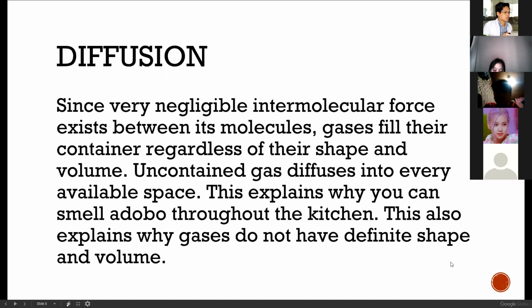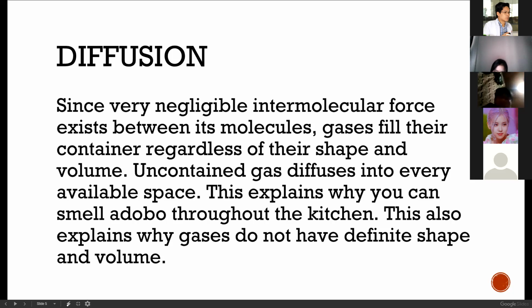Diffusion in gases. Since very negligible intermolecular force exists between its molecules, gases fill their container regardless of its shape and volume, and a contained gas diffuses into every available space. This explains why you can smell adobo throughout the kitchen. This also explains why gases do not have definite shape and volume.